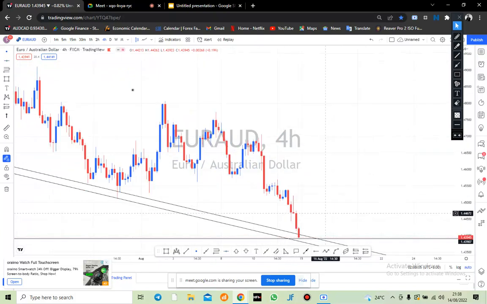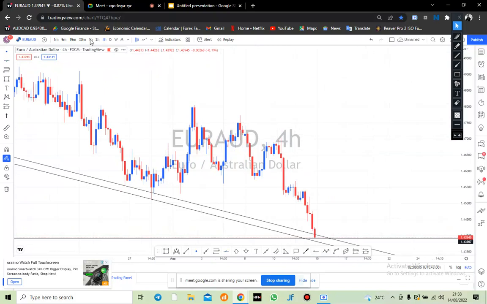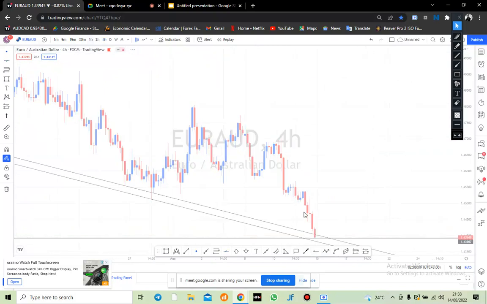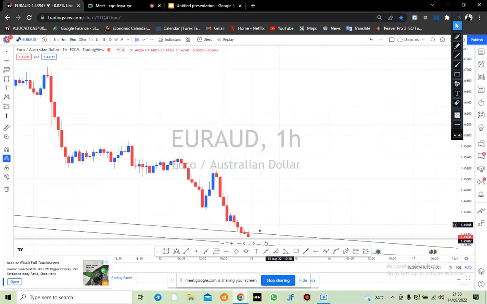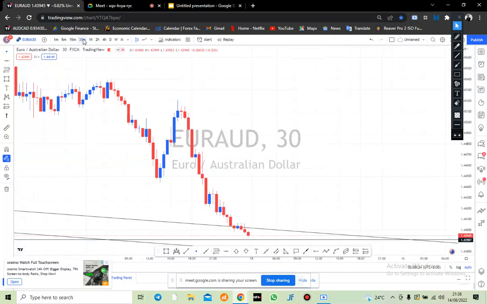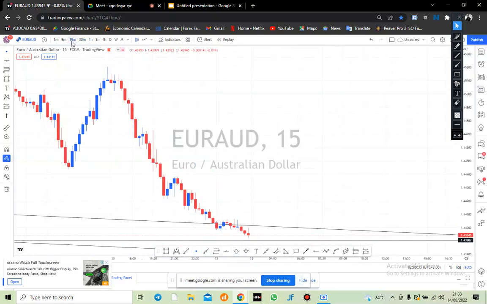Now let me switch to 1H time frame to confirm if we're going to execute the trade or not. We already have some weak bearish candles, and on 30 minutes we have some bullish entry. That indicates that the buyers are present. Now we have some bullish entry on 15 minutes.